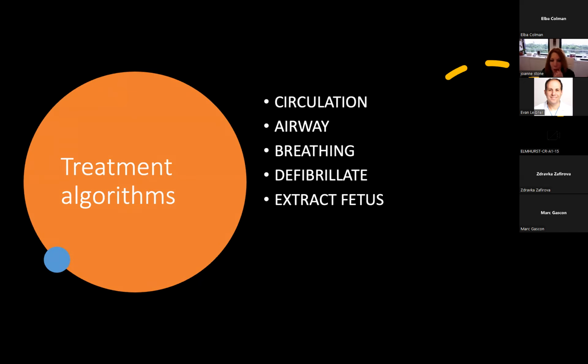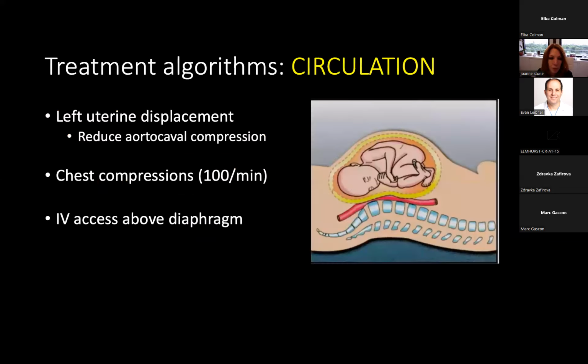In terms of treatment algorithms, I know you are all aware of this, but just to review. It used to be ABCs, now circulation is first. You know this better than I do, but it's really important also to add to this in pregnancy the extraction of the fetus as part of the treatment algorithm. In terms of circulation, left uterine displacement is really important to get as much blood back to the heart as possible.